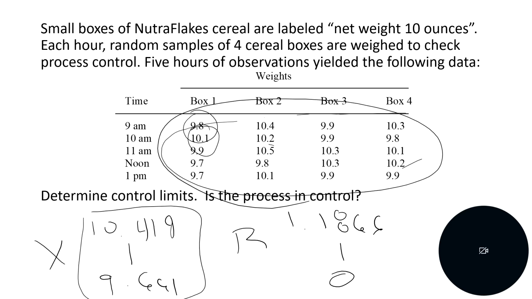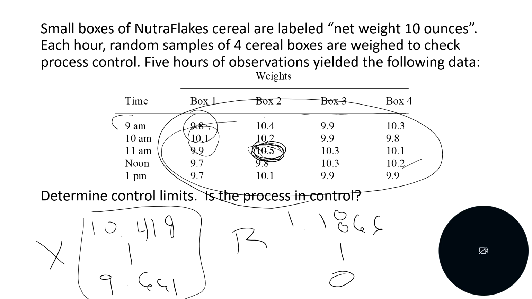We only have one that goes above that control limit, and so we might want to see what could have possibly caused that. It's important to know that it is considered in control if there are no out of control signals found. So that would make me think that this one is not in control because we found this one right here.